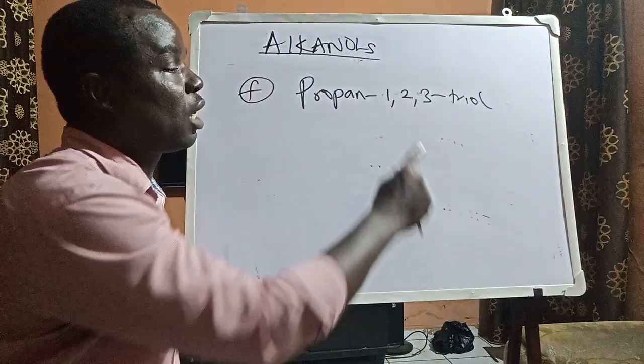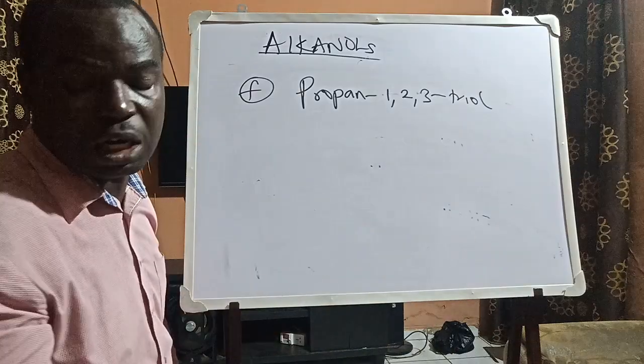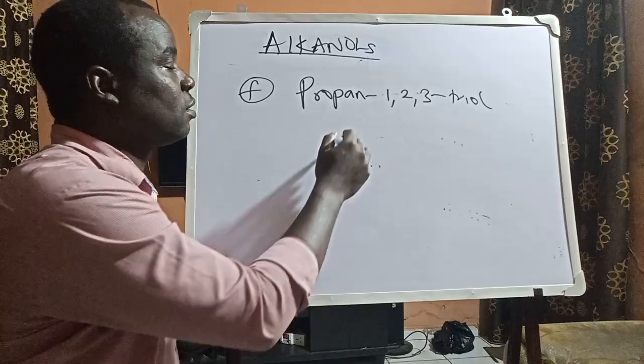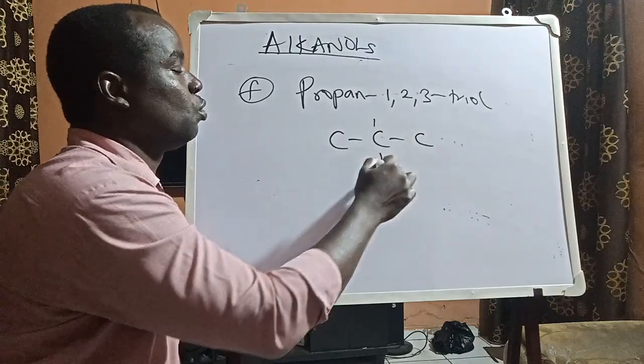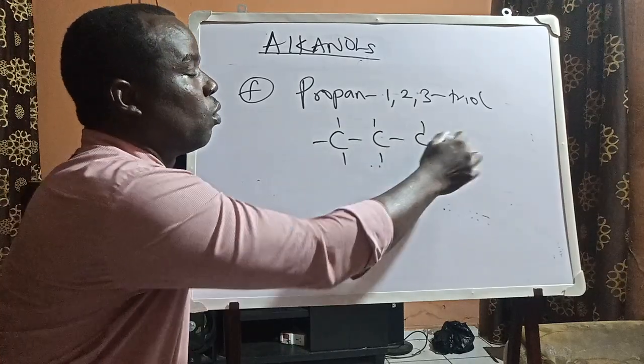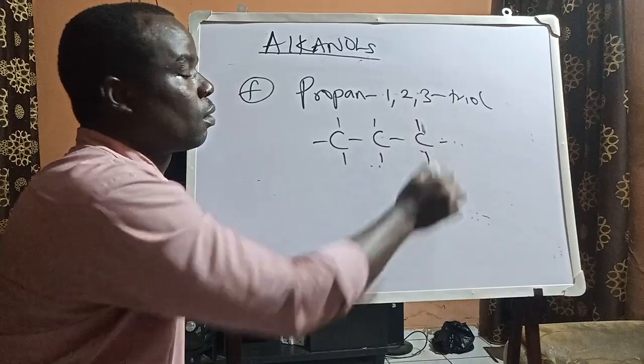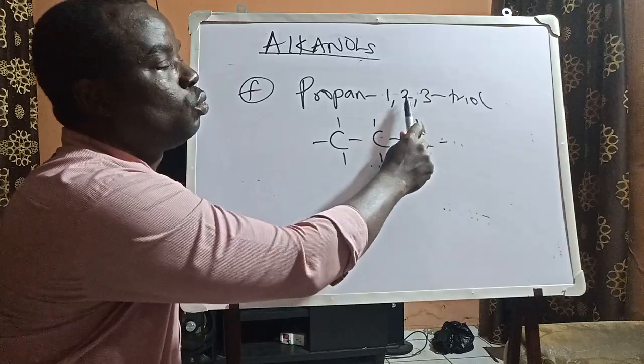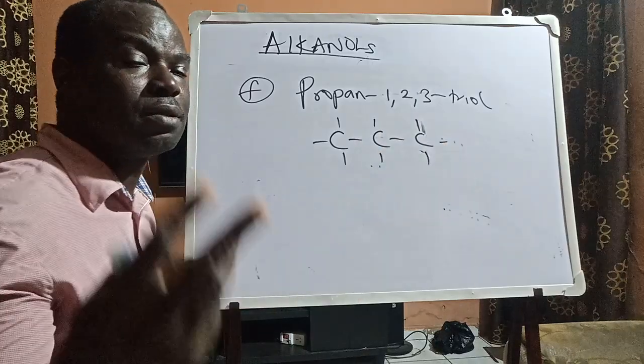Then 1 OH on carbon number 1, 1 OH on carbon number 2, and that OH on carbon number 3. So we now have this 1, 2, 3. You complete the bonds like I taught you before. Okay. Now you start fixing it. 1-ol, 2-ol, 3-ol. That is triol, 3 of them.